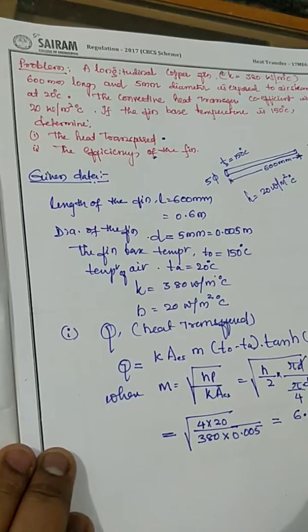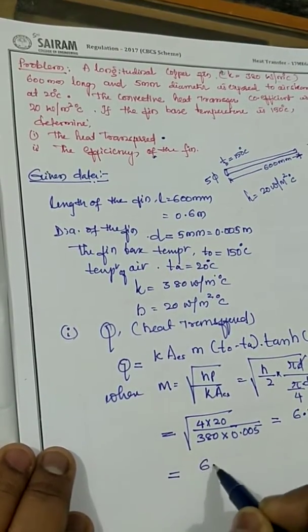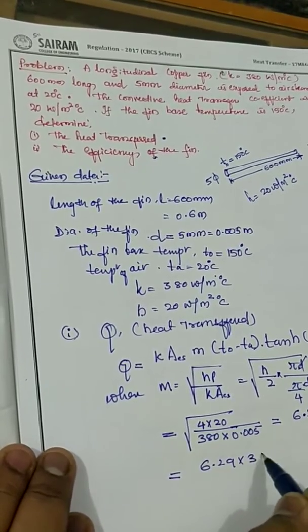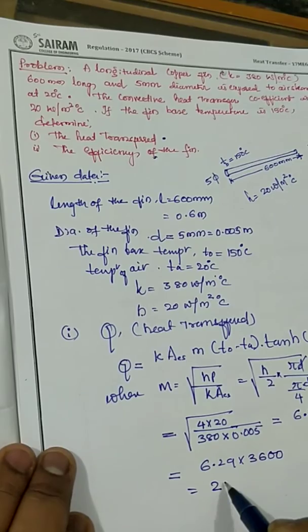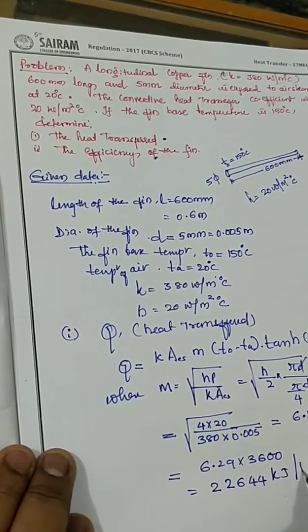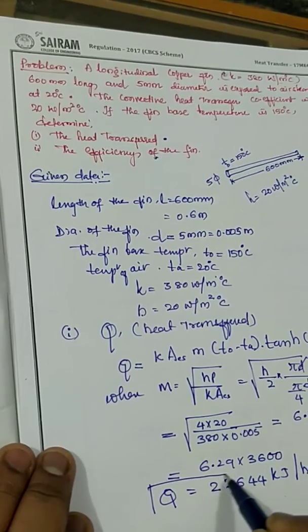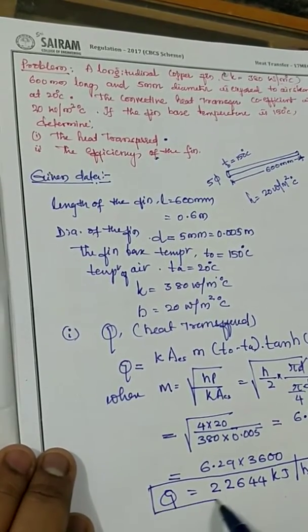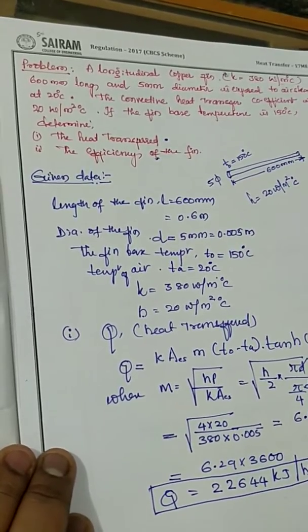So we have to calculate in terms of joules per hour. That is 6.29 into 3600, which means 2644 kilojoules per hour. This is the heat transfer value. So this is how the answer we can calculate.